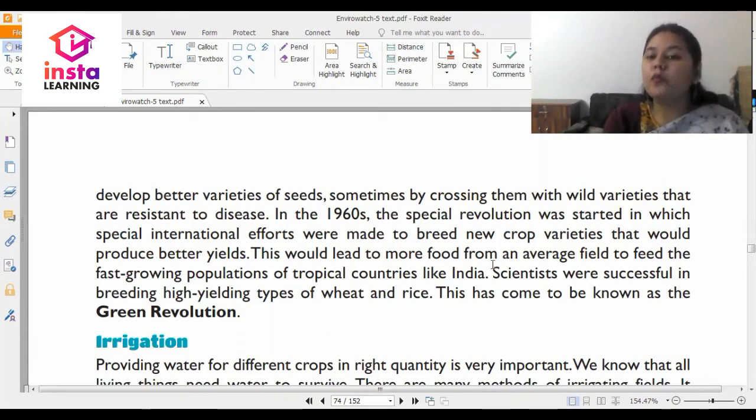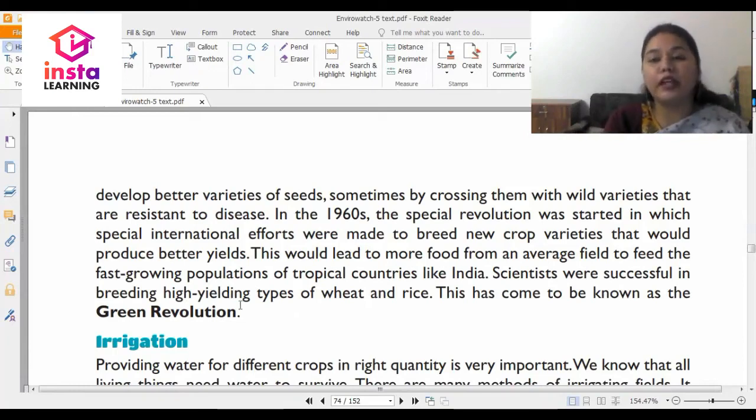This would lead to more food from an average field to feed the fast growing population of tropical countries like India. Scientists were successful in breeding high yielding types of wheat and rice. So these seeds produced with this method were called high yielding variety seeds.